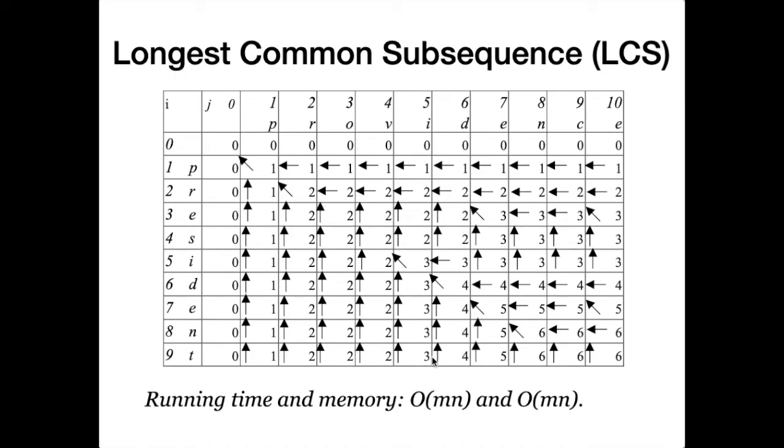And then for the memory usage, you need to have two separate matrices to store the content of the numbers and the content of the arrows. Okay, so we have two matrices, so that's 2 times M times N, and that is in O of M times N. Okay, so ganun yung memory usage ng longest common subsequence that utilizes the dynamic programming approach.